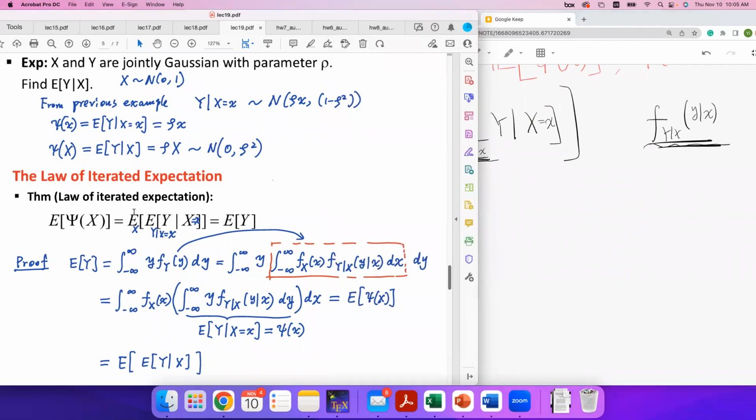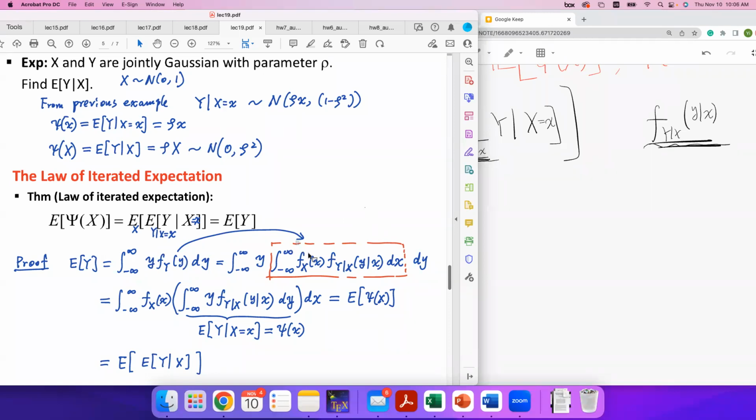Okay. Now let's look at the proof of this one, which is very simple, and this will actually help us understand this iterated expectation. So the expectation of y, of course, is defined as this integration where we use the marginal distribution of y. Now, for this marginal distribution of y, we can replace it by this entire integration in this red rectangle.